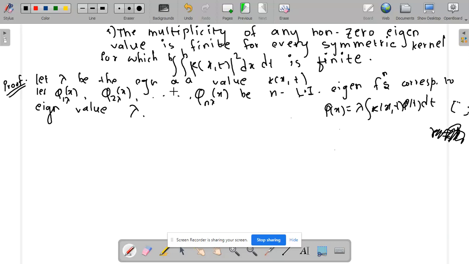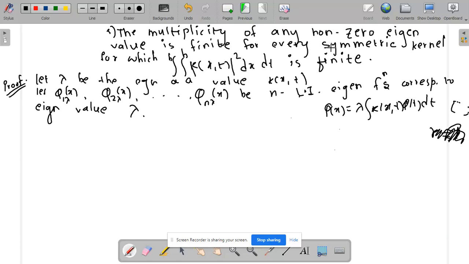Here we will show that whatever we are getting will be finitely many in number. They cannot be infinite in number.